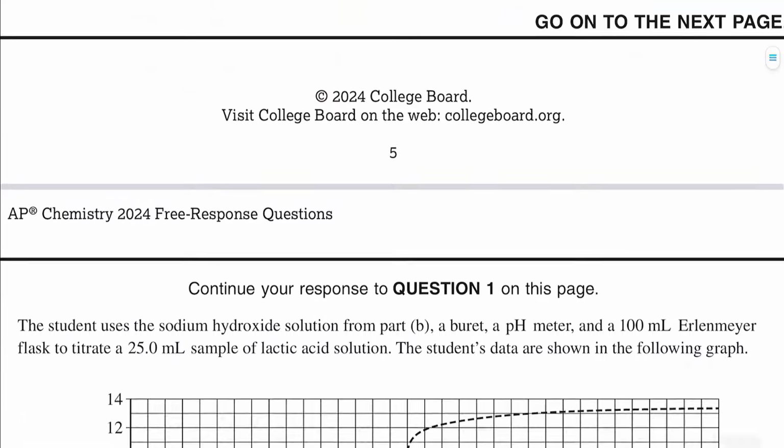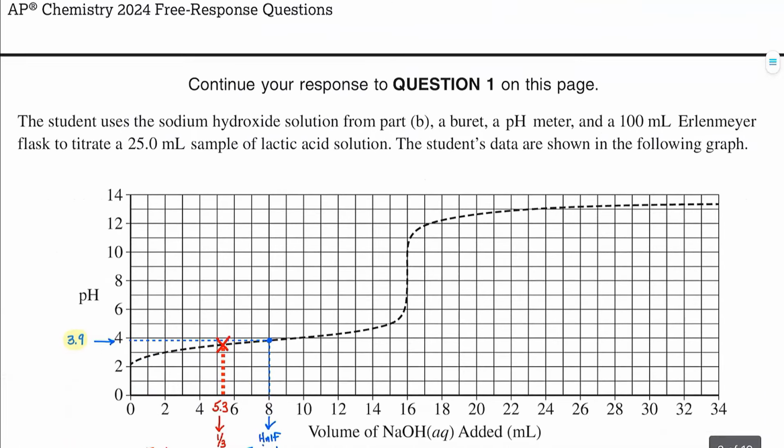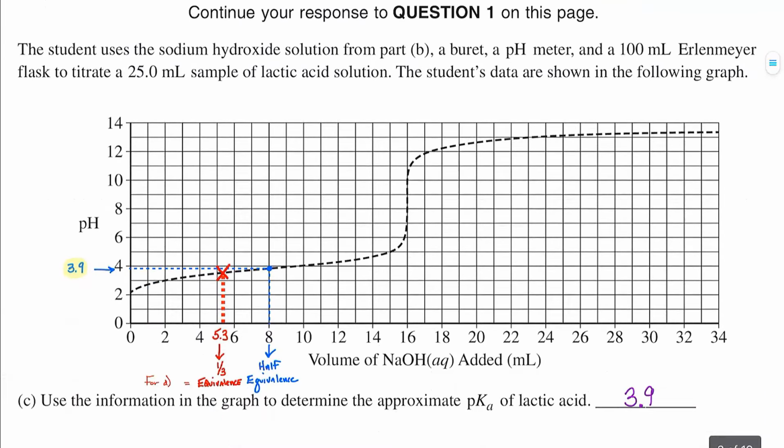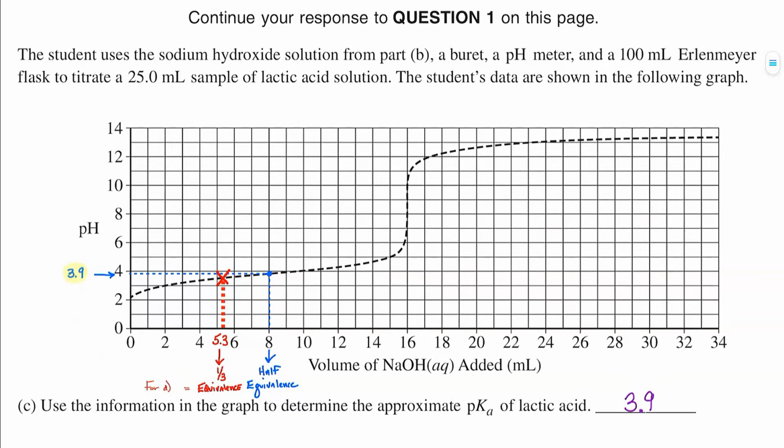On to the next part of number 1. I love titration curves. Letter C says, use the information in the graph to determine the approximate pKa. We know at half equivalence, the pH equals the pKa. At 16 milliliters of base added to this weak acid, we have reached the equivalence volume.